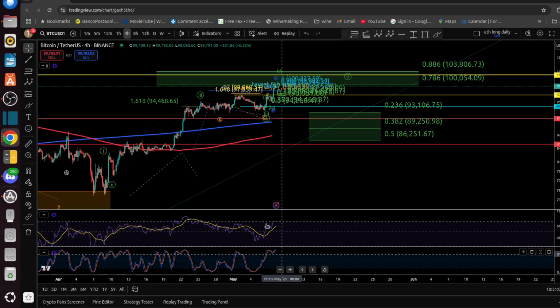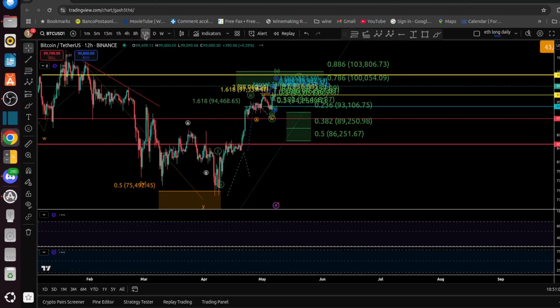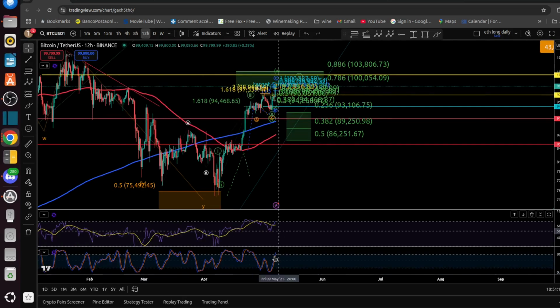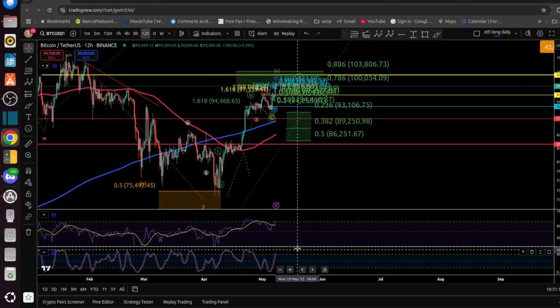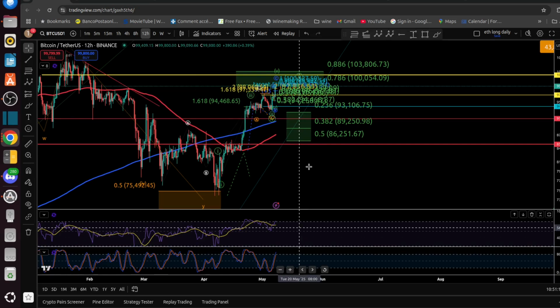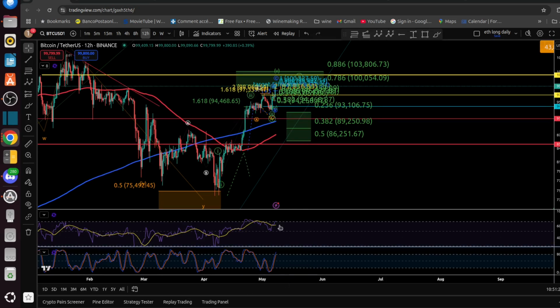For the moment I don't have any indication on the 4 hours, the 8 hours, not even the 12 hours. We just start to be tipping into overbought. So yeah, price can continue to go higher.